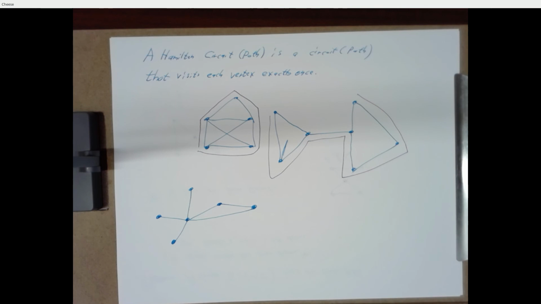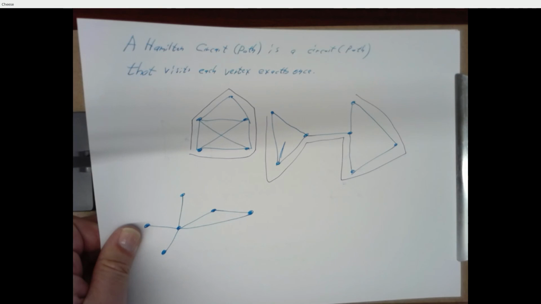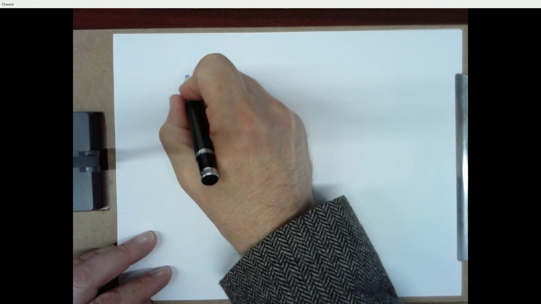Up there with, like, the NP stuff. Which is a little weird because it's really just kind of a dual to what we're doing with edges. So let me show you one application of Hamilton paths.